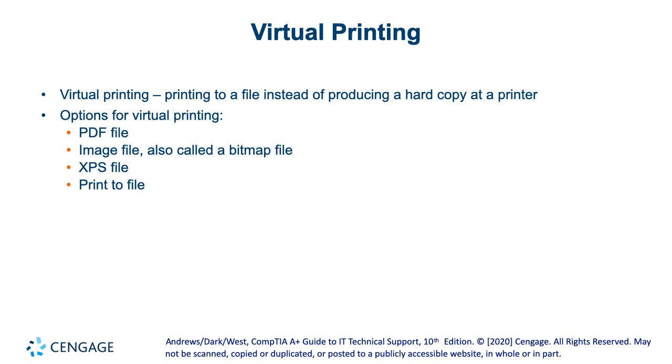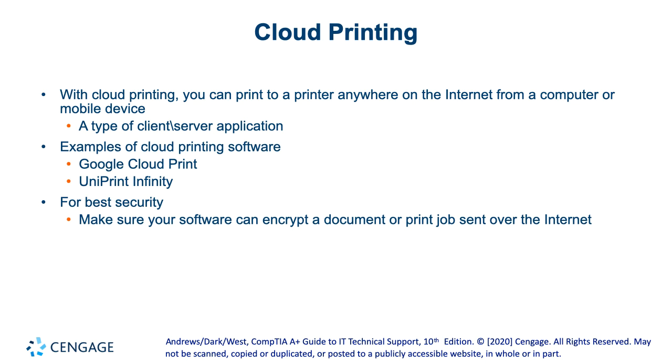Virtual printing. You can print a file instead of producing a hard copy at a printer, right? Many of us have probably already done this, but you can print to PDF or Microsoft's XPS or a bitmap file or other file. And then cloud printing, right? You can print to a printer anywhere on the internet from a computer or mobile device.